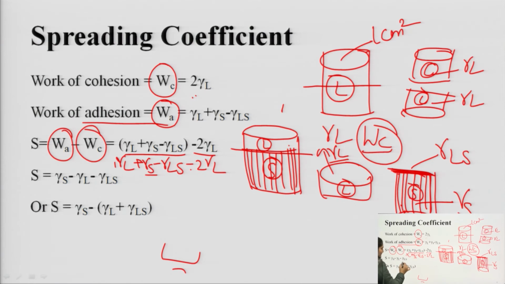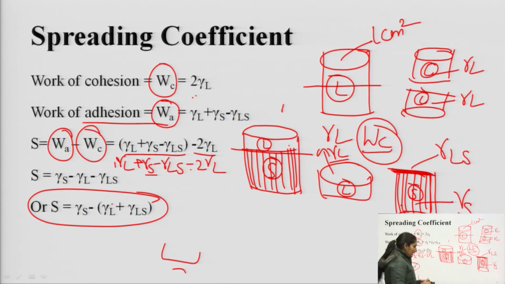Gamma S minus, bracket, gamma L plus gamma LS.